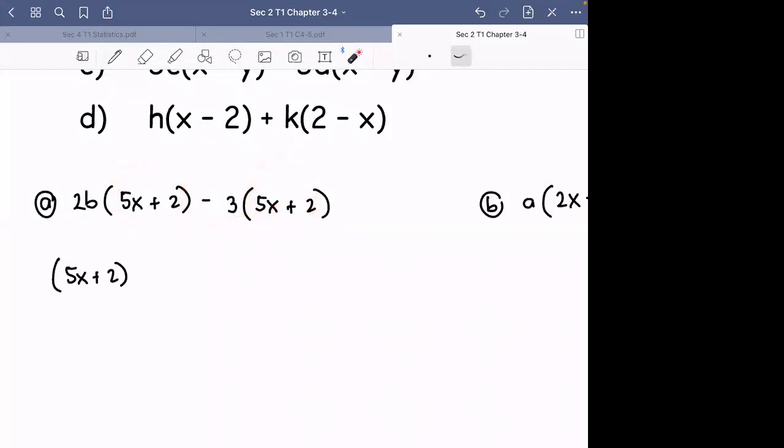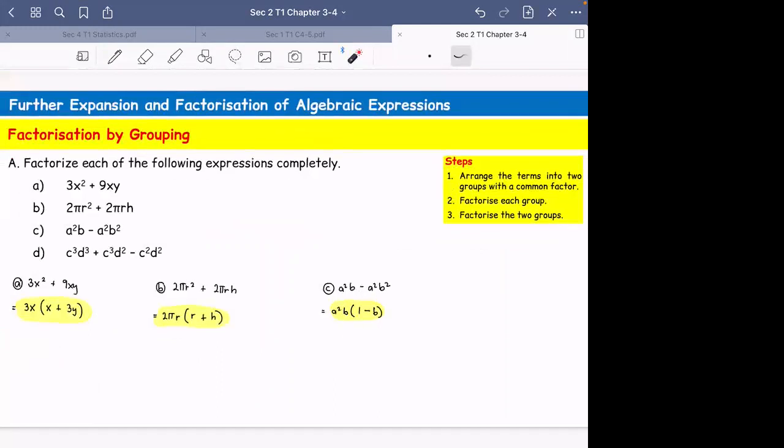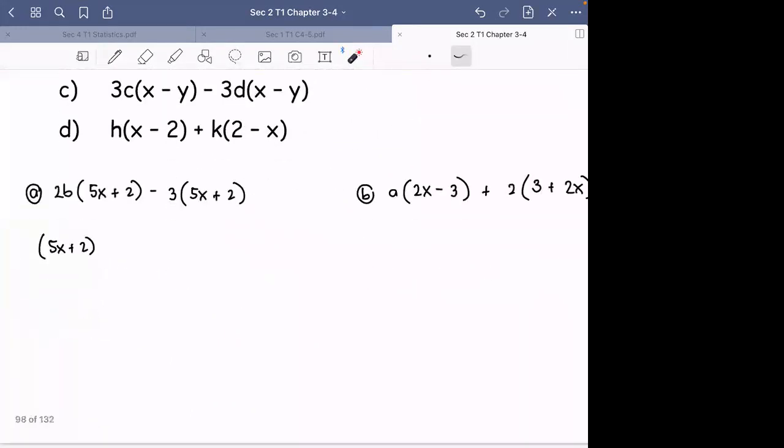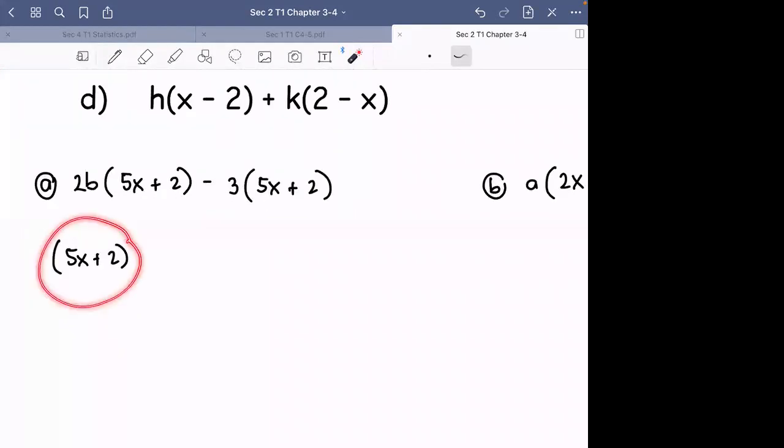So instead of just writing 3x or 2 pi r, this time it's an expression. Okay, it's 5x plus 2. And then, what do we do with 2b and negative 3? So this divided by this, obviously 5x plus 2 gets cancelled. So what's left?